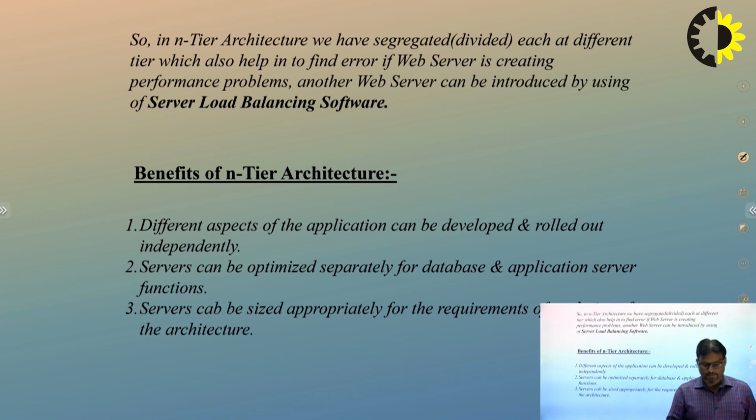First, different aspects of the application can be developed and rolled out independently. Next, servers can be optimized separately for database and application server functions. Next, servers can be sized appropriately for the requirements of each tier of the architecture.